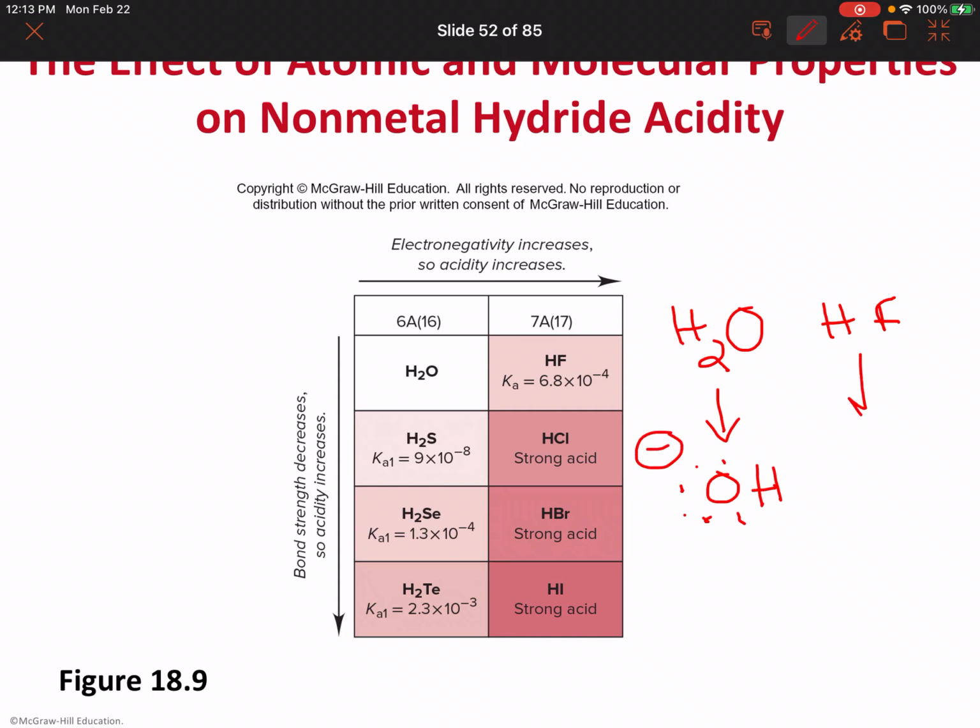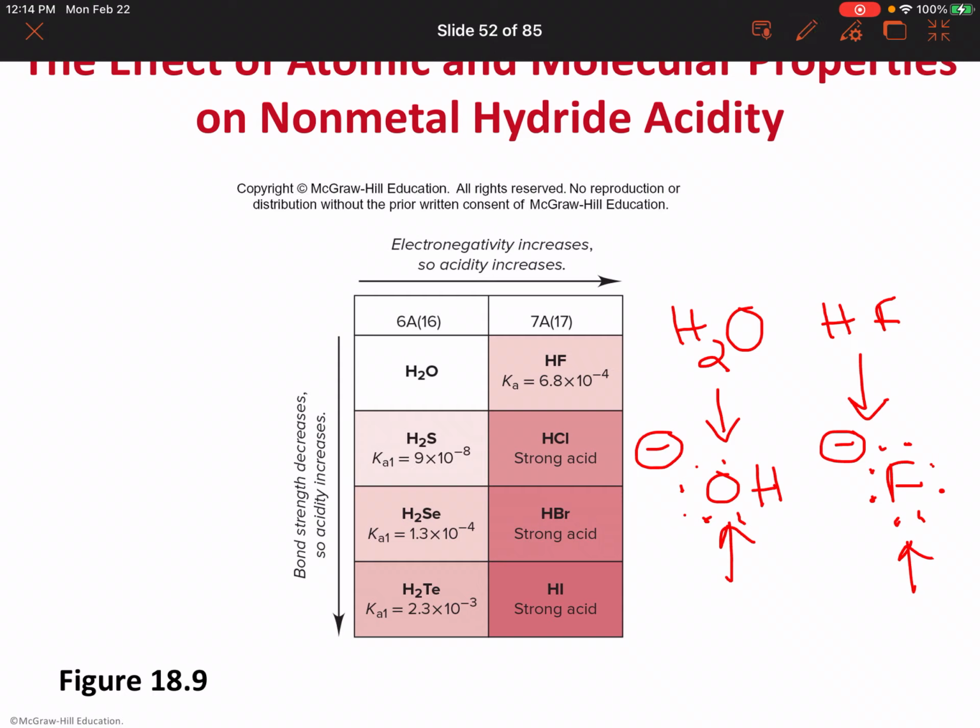And for HF, when you lose a hydrogen, the resulting conjugate base is fluoride. This is the Lewis structure of fluoride. Here the negative charge is carried by oxygen, and here the negative charge is carried by fluorine.